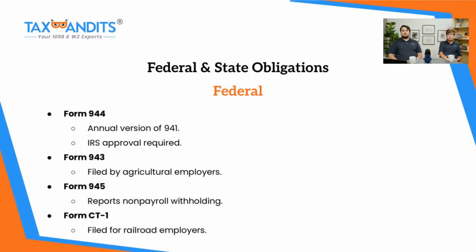And there's some other forms, like I said, with the 94X series, there's the 941, 940 for more of the federal obligations, the 944. That's typically if you have a lower liability, and the IRS typically determines that depending on where you are with your business.